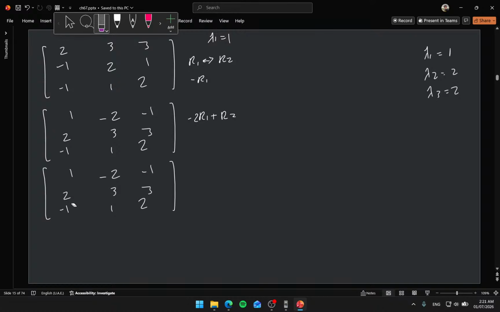Negative 2 times negative 2 plus 3 is 7. Yes, 7.